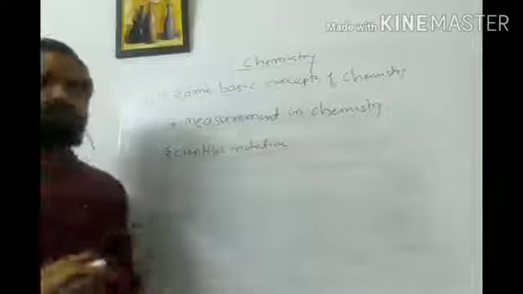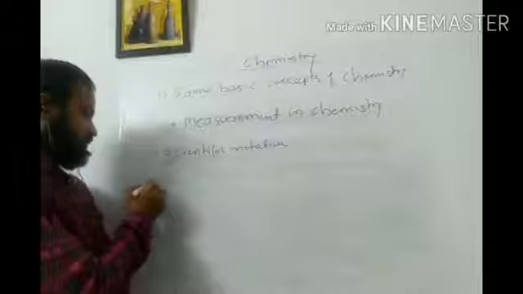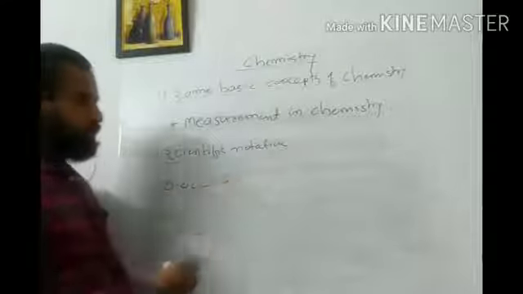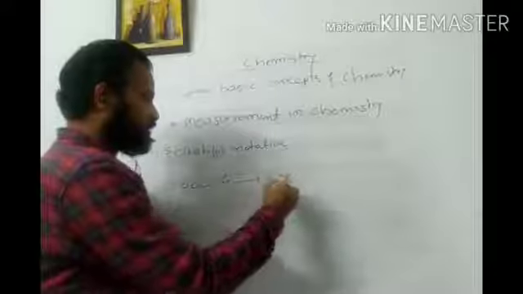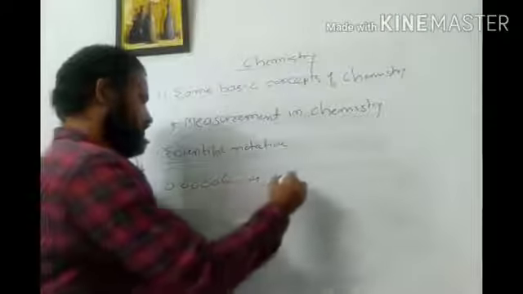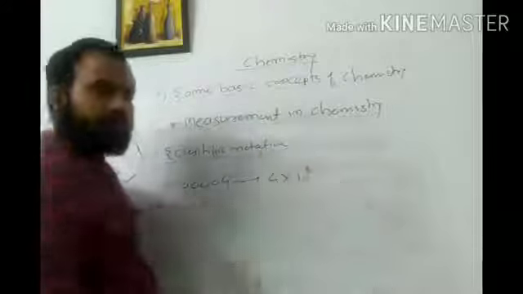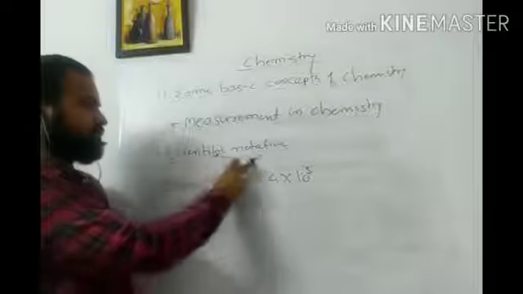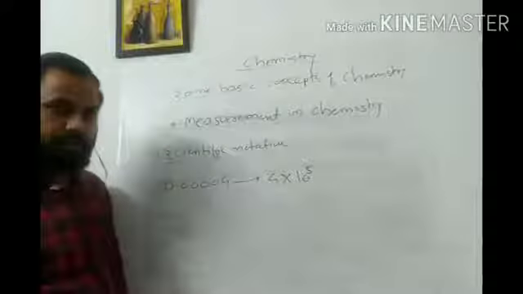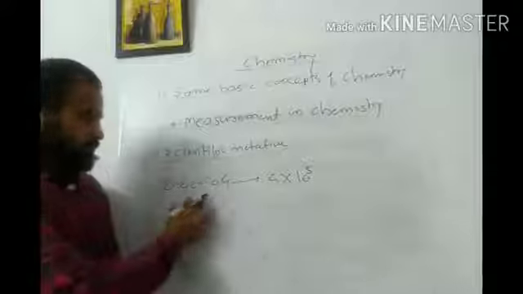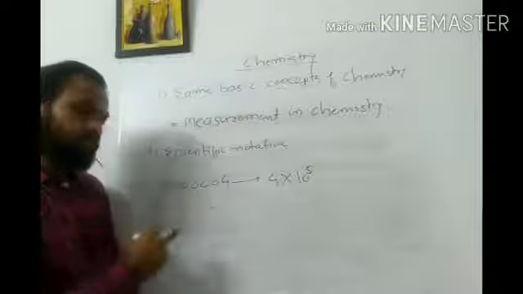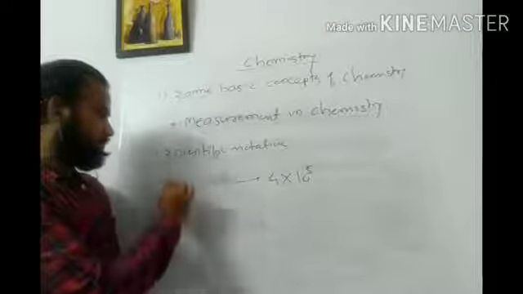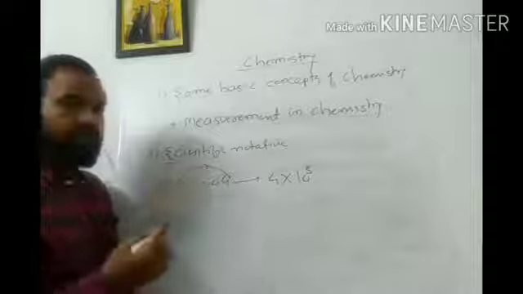For example, if I tell you, I just want to write down a number, let us say 0.00004. Conveniently I can write it as 4 into 10 raised to minus 5. Why am I writing this in terms of power? Because this is the way of writing it scientifically. I shift the decimal point after the 4, that is 1 2 3 4 5, I shifted the decimal point towards the right by 5 digits.